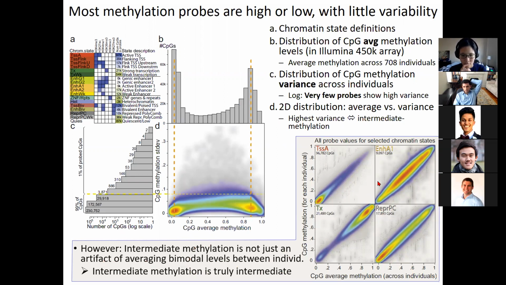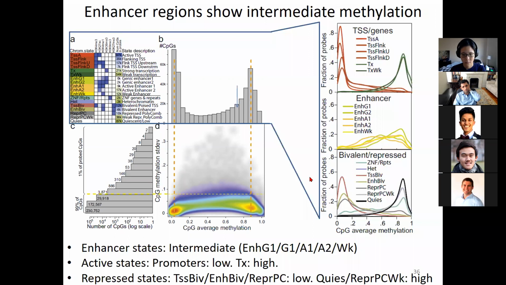that there's really intermediate methylation in these enhancer regions, compared to repressed regions, which are methylated, which are polycomb repressed regions, which are very broadly distributed, enhancers, which are intermediate methylated, transcribed regions, which are highly methylated, and promoters, which are highly unmethylated.